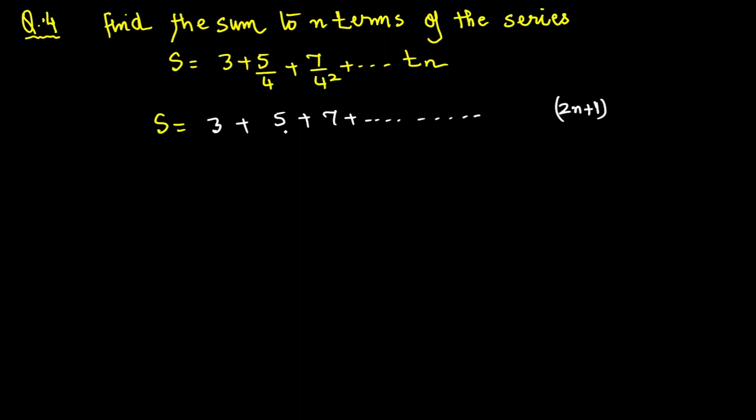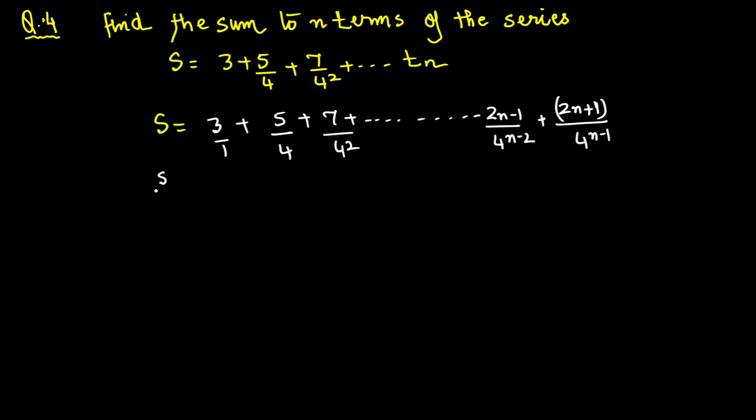Now see, this is 1, this is 4, this is 4 square, this is GP forming. So nth term will be 4 to the power n minus 1. Just below this, before this, 2n minus 1 upon 4 to the power n minus 2. Now the common ratio of the GP is 1 by 4.